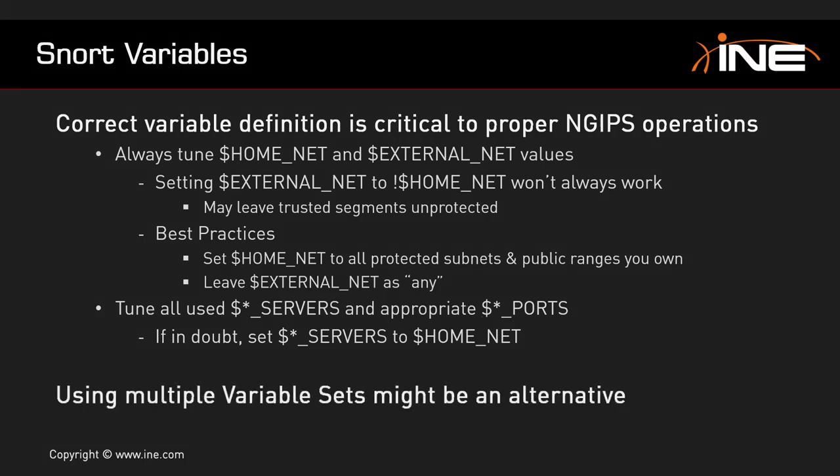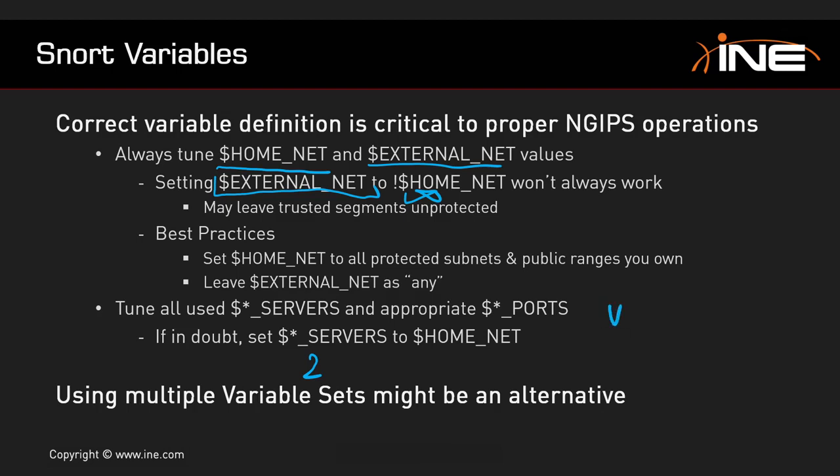And there is also another way how you could potentially tune the home net and external variables. Like if you wanted to point external to not home net, or just anything but home net, you could potentially come up with two variable sets. And then each of those two variable sets would be associated with one access control policy.